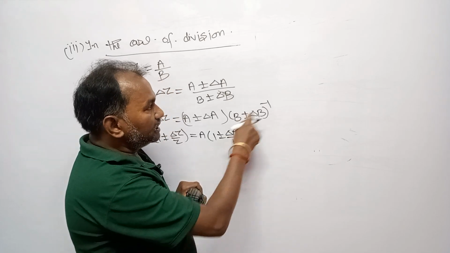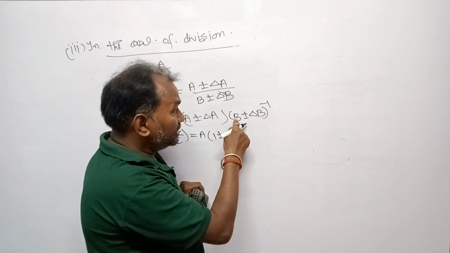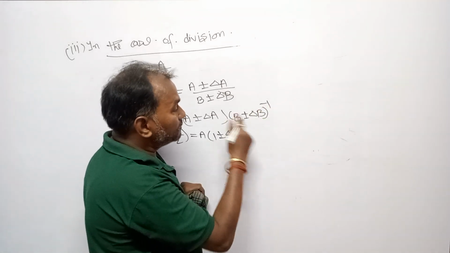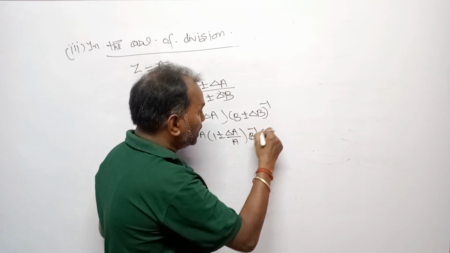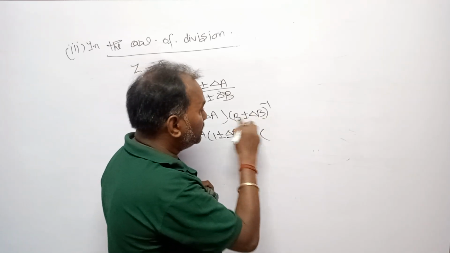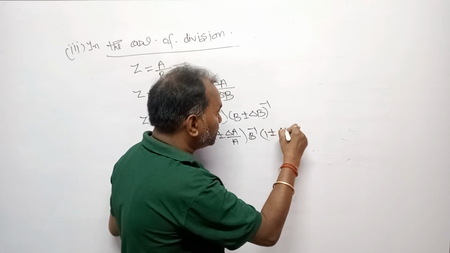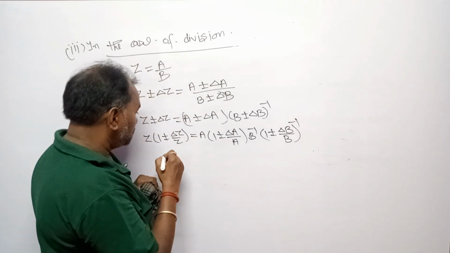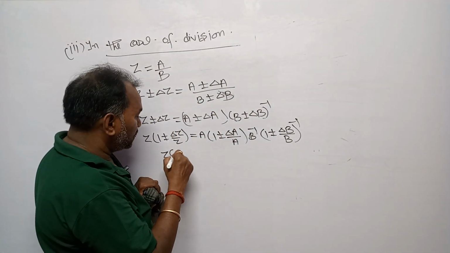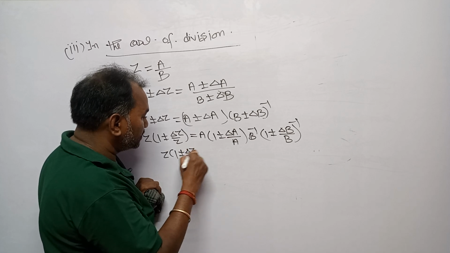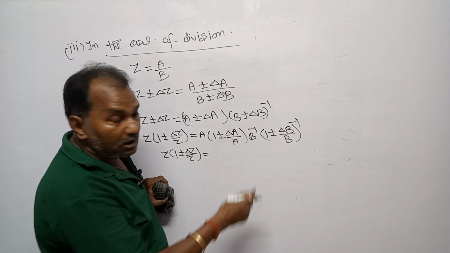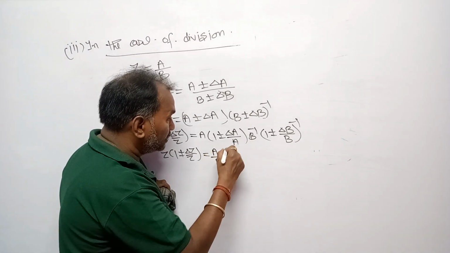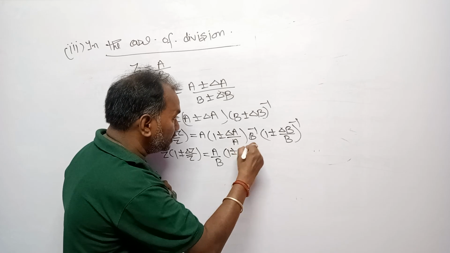Take B here, it will become B inverse, because the power is minus 1. Within the bracket it will be (1 ± ΔB/B) inverse. So Z(1 ± ΔZ/Z) = A/B (1 ± ΔA/A).